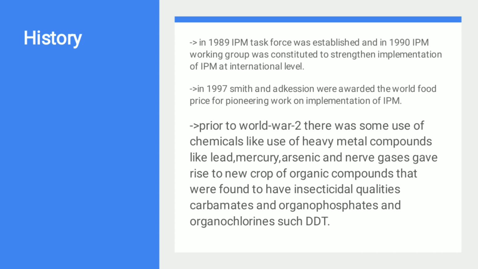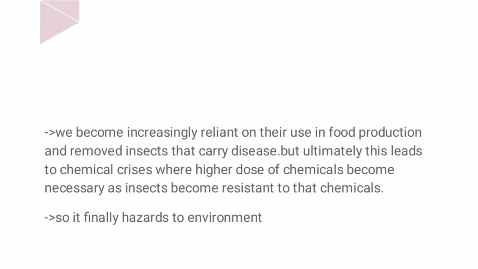In 1997 Smith and Actkinson were awarded the World Food Prize for pioneering work on implementation of the IPM. Prior to World War II, there was some use of chemicals like heavy metal compounds: lead, mercury, arsenic. Nerve gases gave rise to a new crop of organic compounds that were found to have insecticidal qualities: carbamates, organophosphates, and organochlorides such as DDT.